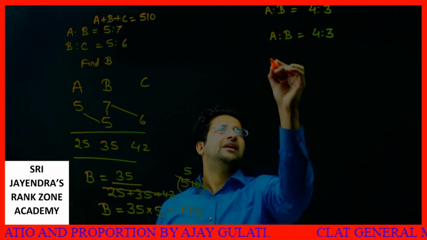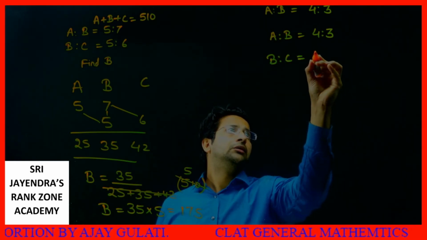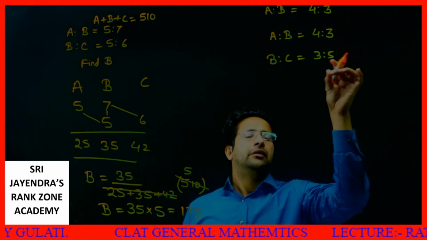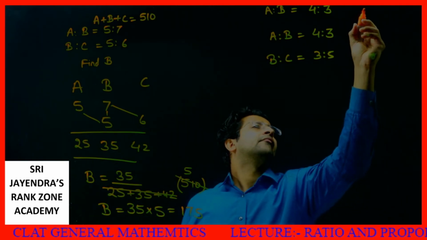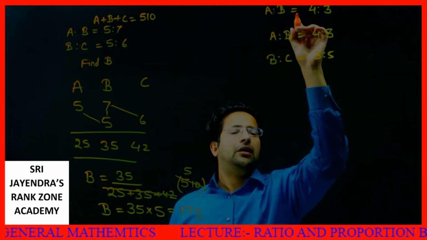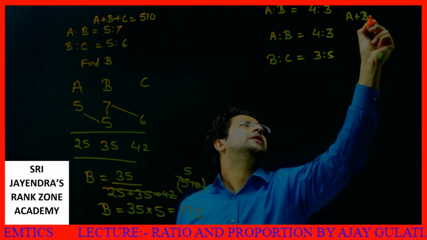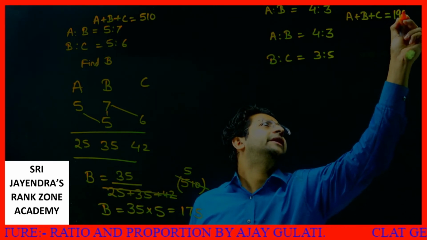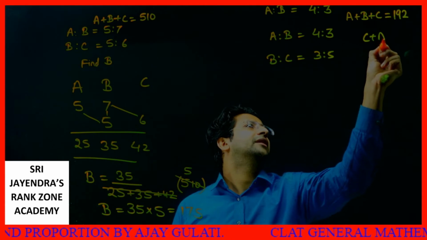Then suppose I say B is to C is equal to 3 is to 5. There's a catch in this question. Now suppose it is given again sum of ABC. A plus B plus C is equal to 192. Okay, find C plus A, like this.